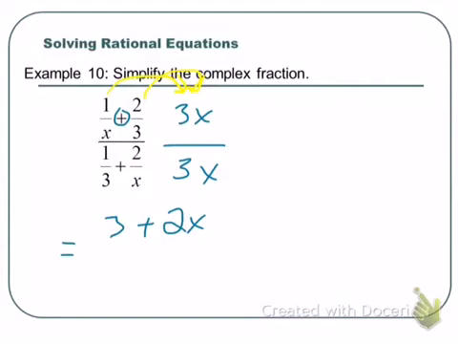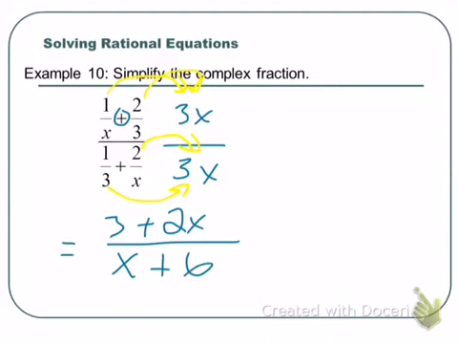Then in the denominator, likewise, if you multiply 1/3 by 3x, the 3's cancel, and you're just left with 1 times x, which is x. And when we multiply 2 over x by 3x, the x's cancel, and we're left with 2 times 3, which is 6.